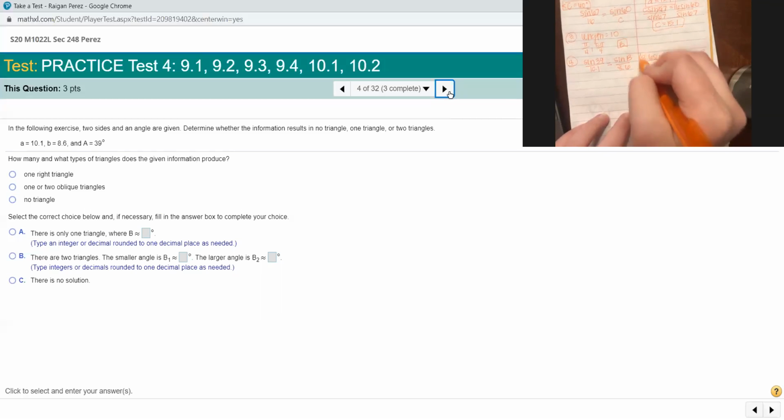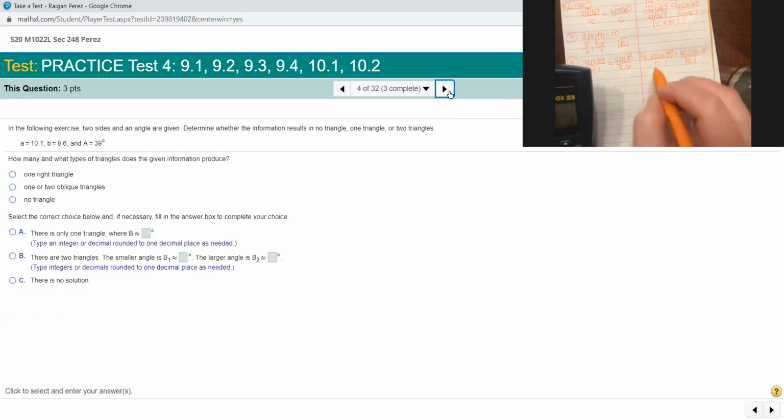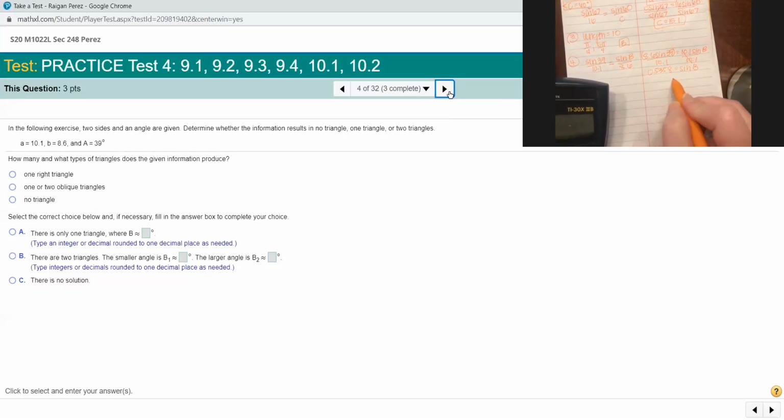And again, I use parentheses here. So 8.6 times sine of 39 equals divided by 10.1. Right, so I got 0.5358 is equal to sine of B. That means sine of B is less than 1.